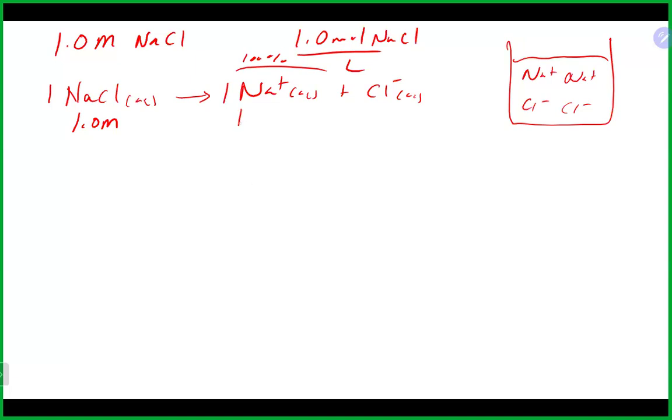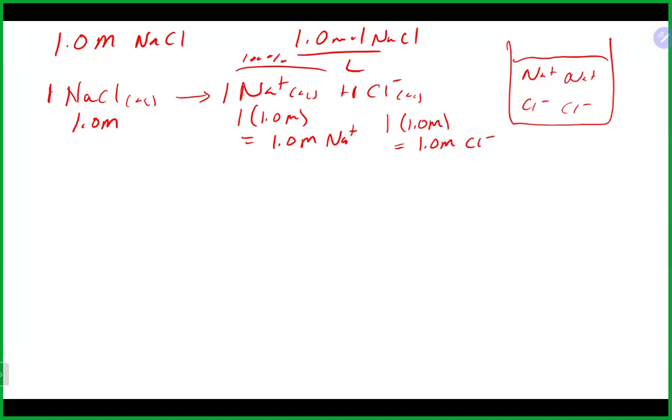How that affects the molarity for the sodium is you would take 1 times the molarity, and the concentration of sodium ions that are in that solution would be 1 molar. It works the same way for the chloride. It's a 1-to-1 relationship, which means in terms of the concentration, you would take 1 times the 1 molar for the whole thing. And that would give you that it is 1 molar chloride ions in that solution.